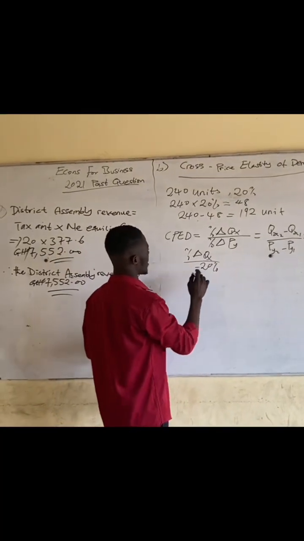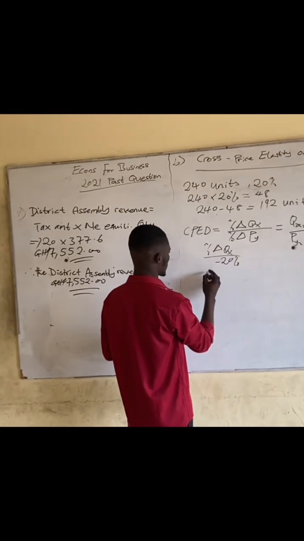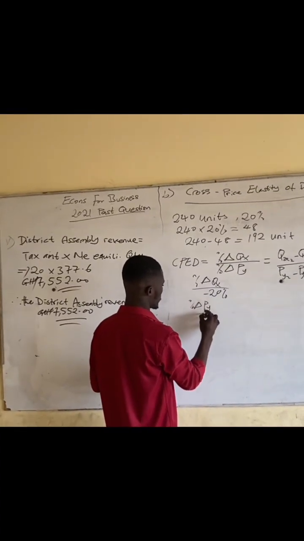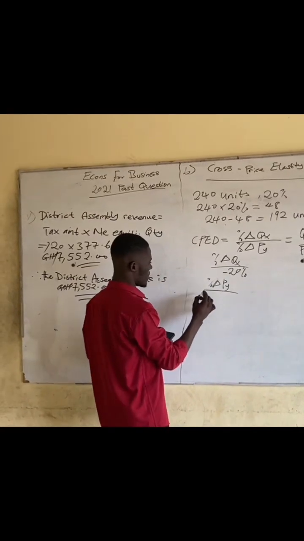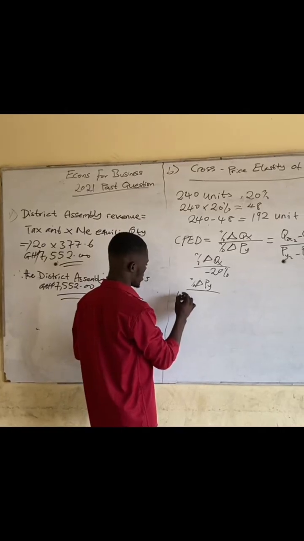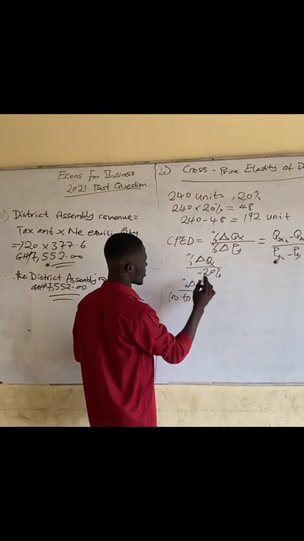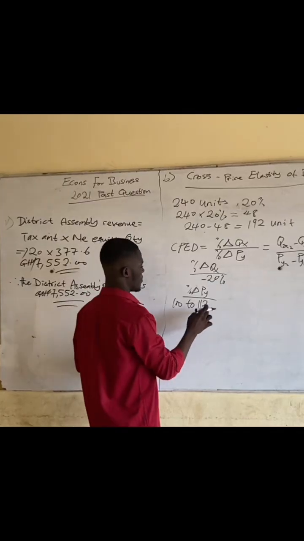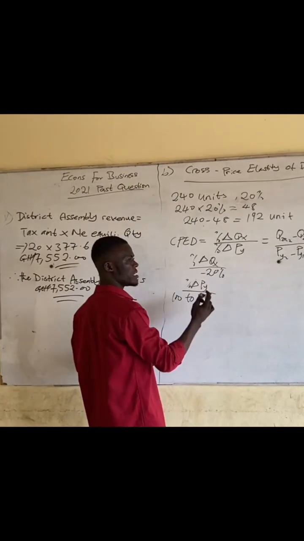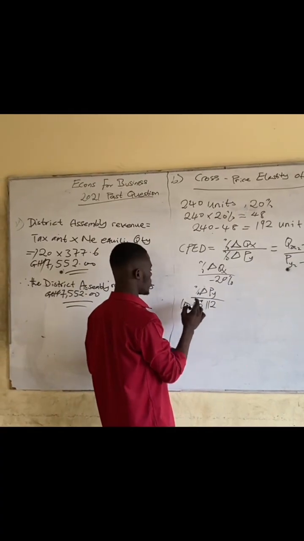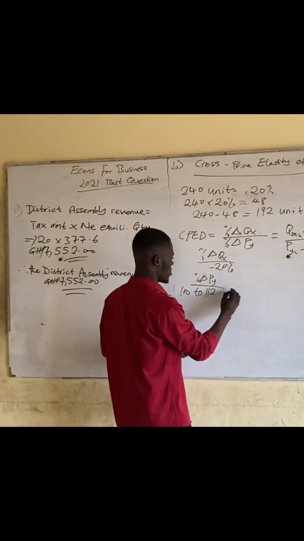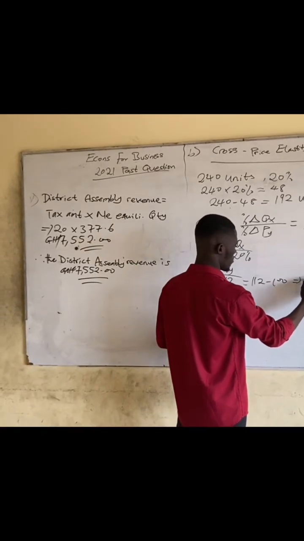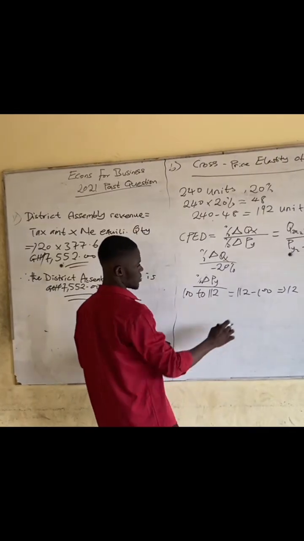And then let's look at the percentage change in price. It says that the price was 100, then it went to 112 cedis, like this. Okay, so our percentage change will increase by 12%, but before we get that, let's deduct this from this, which will be 112 minus 100, giving us 12 cedis.